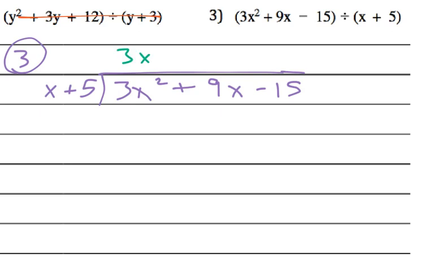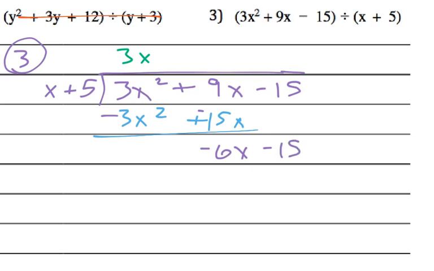It fits in there 3x times, so there's 3x getting multiplied by x to give me 3x squared, but then also positive 15x. And then when I go back and subtract this, it ends up changing those signs. 9x minus 15x gives me a negative 6x minus 15.